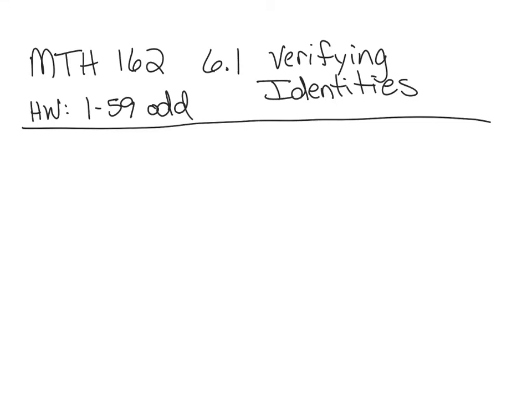Chapter 6, Section 1, we're going to start learning how to verify identities. The process that you're going to be using to do this is not solving. The point isn't to find x, it's to prove that something is what it is, okay?